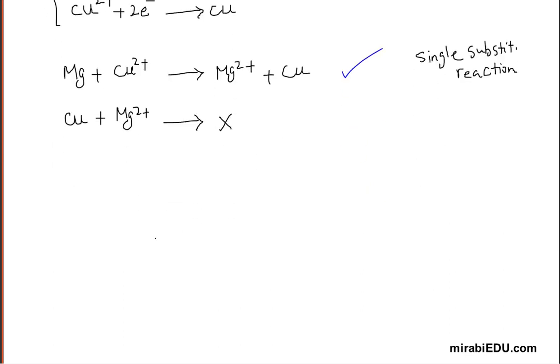We know that generally metal plus acid will give salt plus hydrogen.